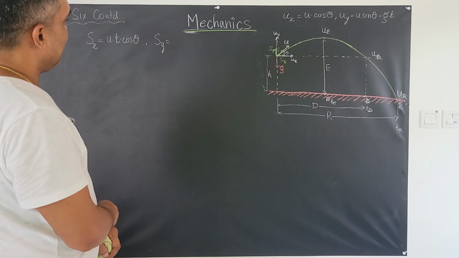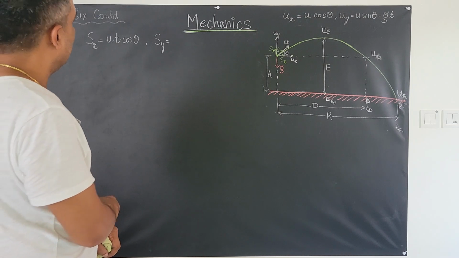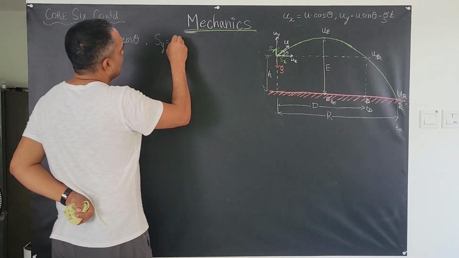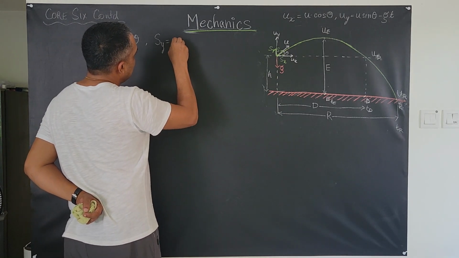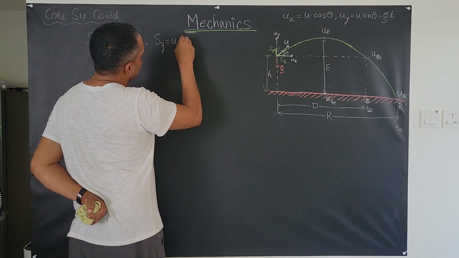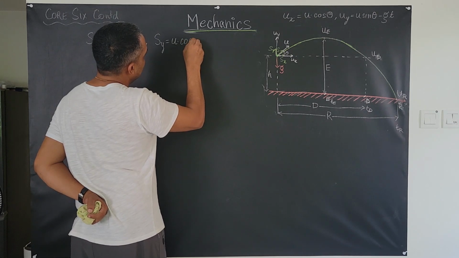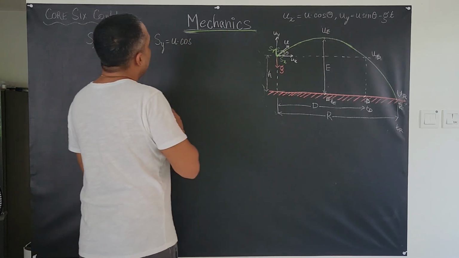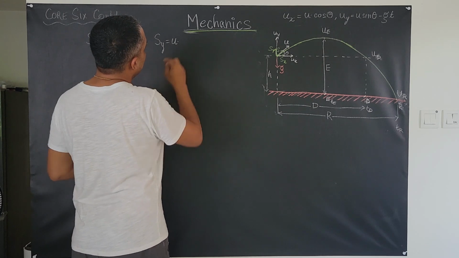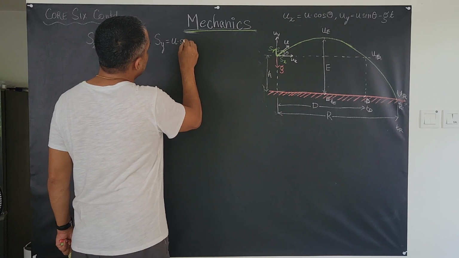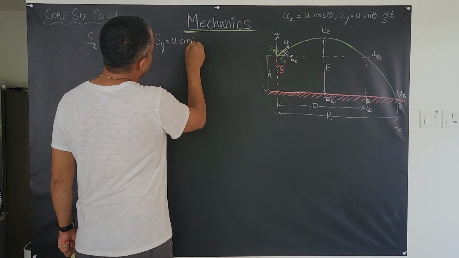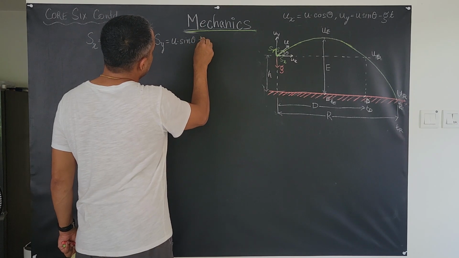U of y, but at any time this should be cosine, no, this would be along the vertical angle would be sine theta times t.